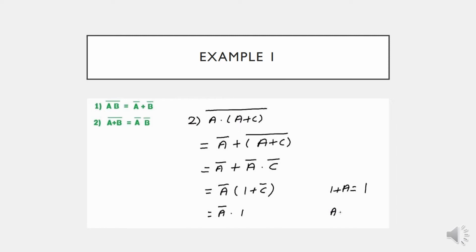Alright, let's have a look at how we can actually apply the Boolean theorem to an equation like this.